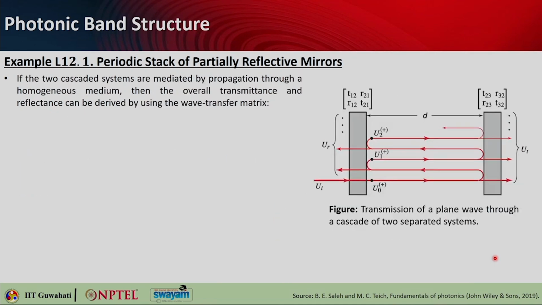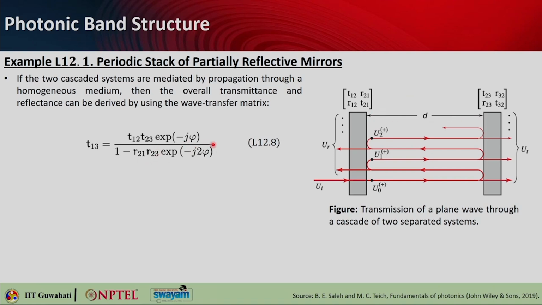Now, in this particular case, the transmission of a plane wave through a cascade of two separate systems that we have seen, which are separated by a distance of d. We have assumed that if the two cascaded systems are mediated by propagation through a homogeneous medium, it means the medium in between is a homogeneous medium, then the overall transmittance and reflectance will also have this extra factor adding up, that is exponential minus j phi.